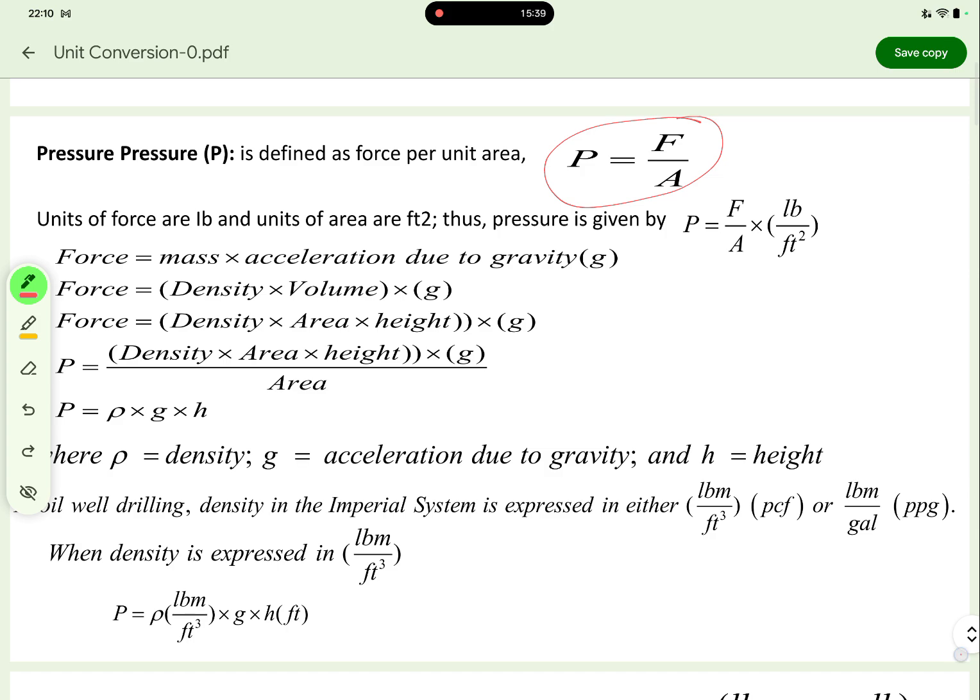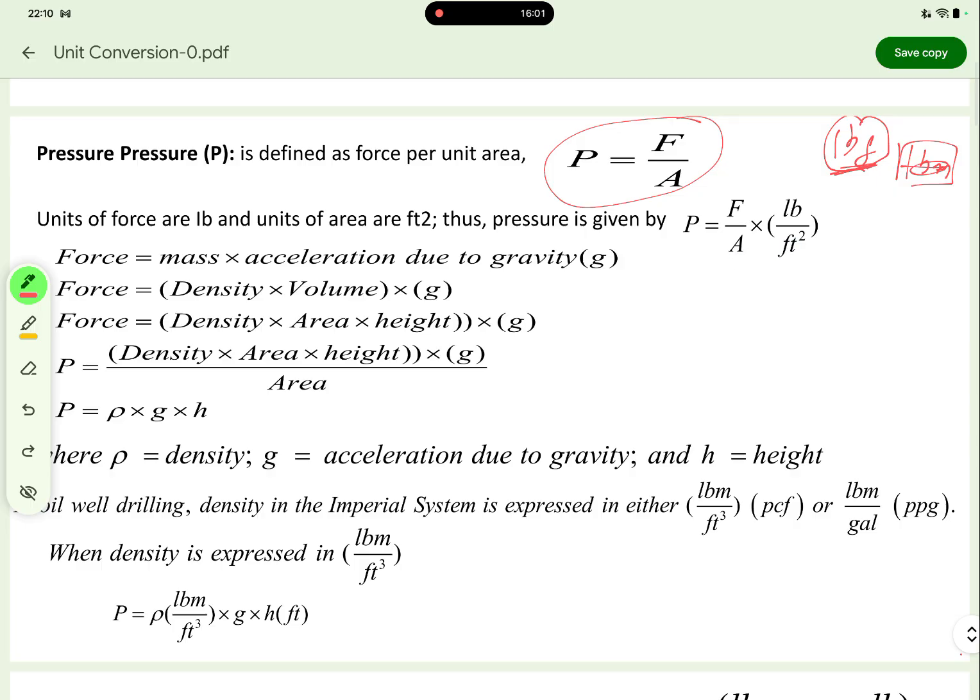So I have written LB. Whenever LB is written, that means they are writing the pound force, right? And there is lbm, pound mass. So whenever lb is written, you can understand that this is in the form of pound force, right? Area is expressed in feet square.